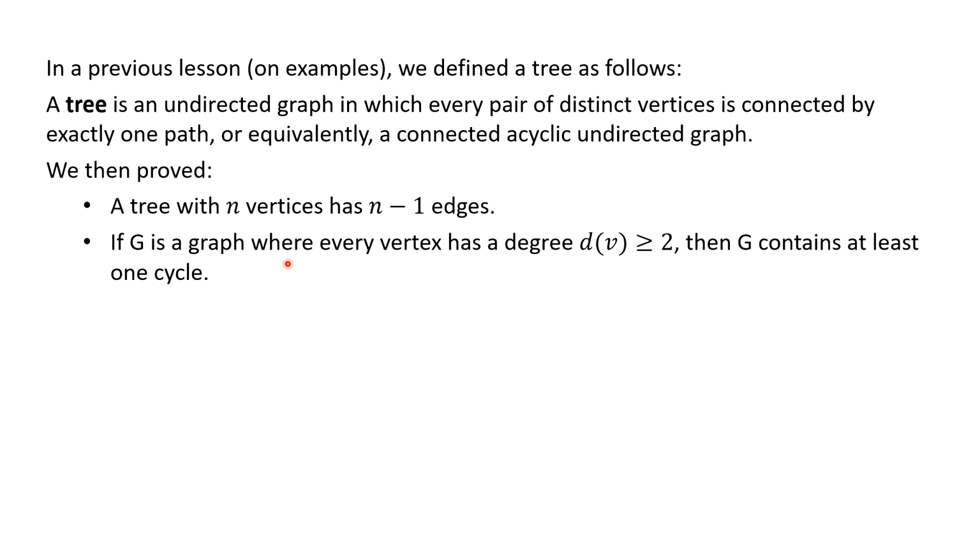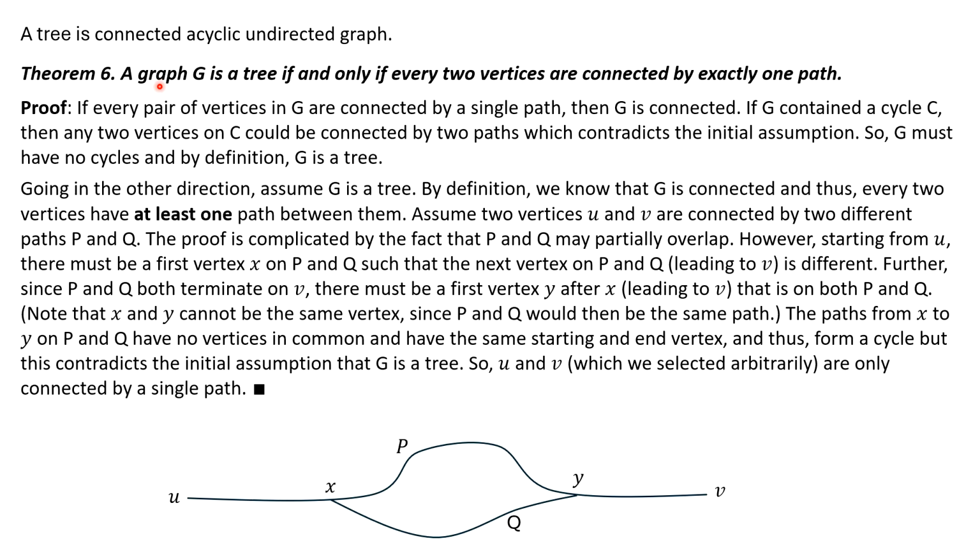If G is a graph where every vertex has a degree greater than or equal to 2, then G contains at least one cycle. Okay, so we proved these things earlier. A graph G is a tree if and only if every two vertices are connected by exactly one path.